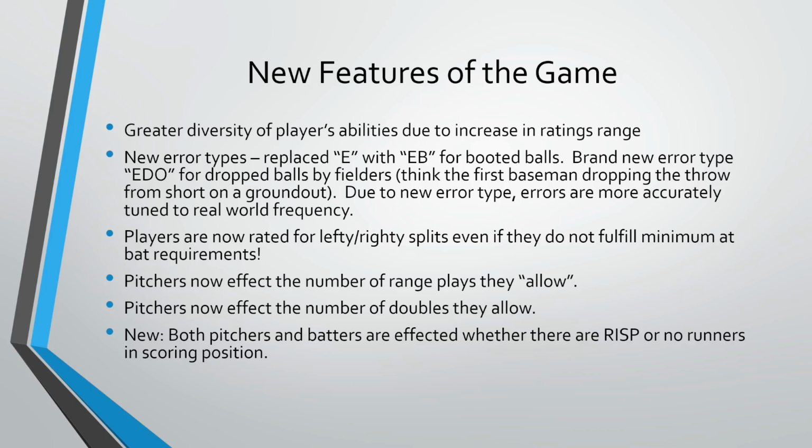It's not that every time there's a runner in scoring position, Dave Stewart does not allow a hit. No, not at all. It's something very subtle that comes up in certain chart results and certain card results, enough to make a subtle impact to say, hey, this may change the course of the game. So both batters and pitchers will be affected by this.